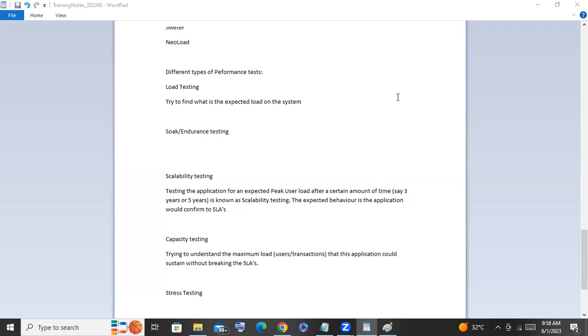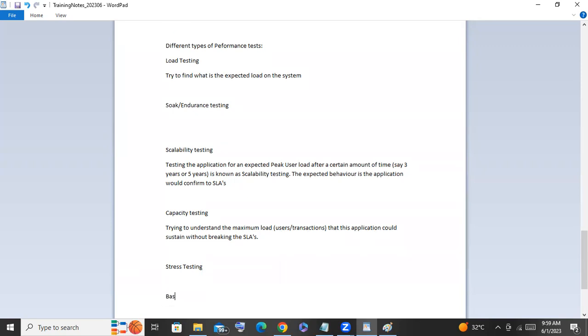Yeah. See, it is actually very simple. In stress testing, what you are trying to do is stress the application. How? That depends on the requirements of the client. The application is stressed.